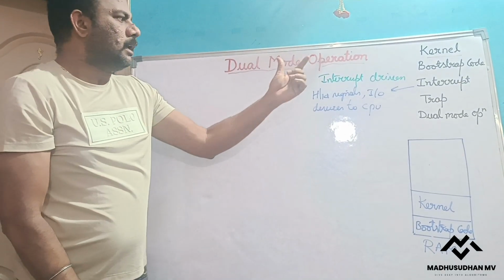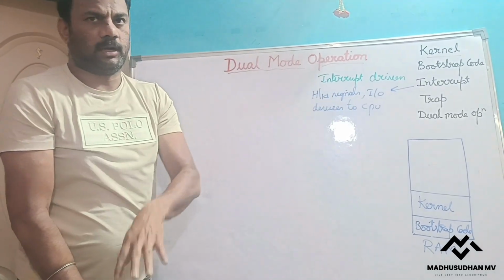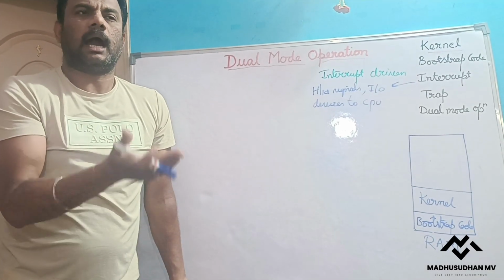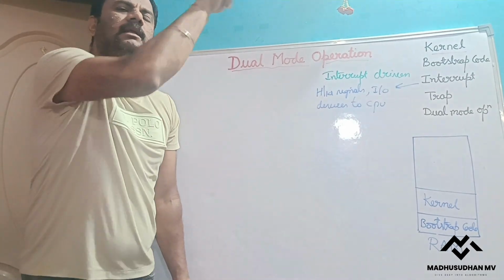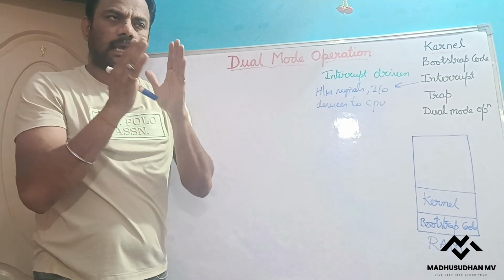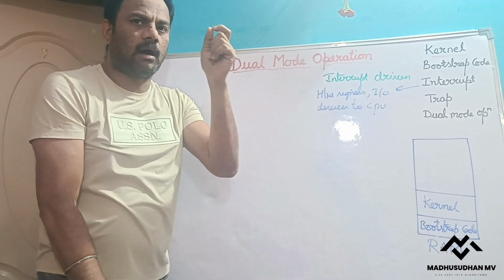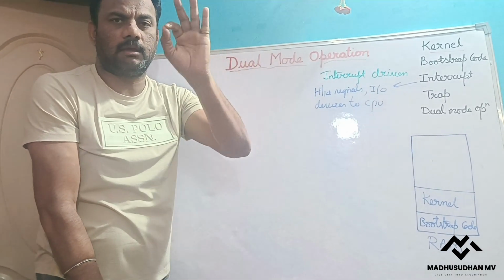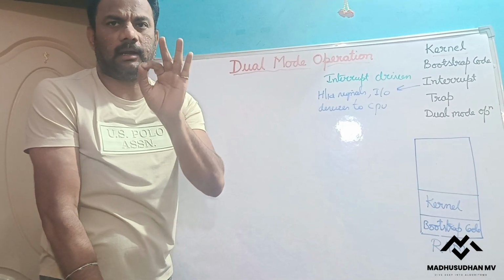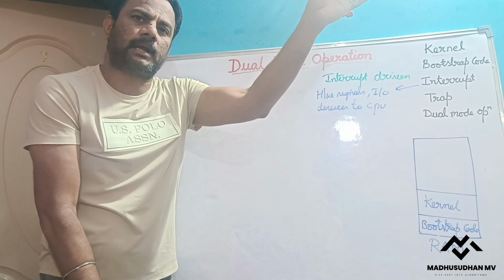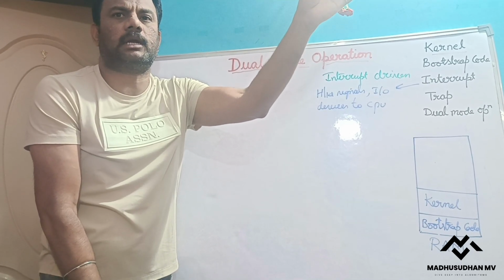Similarly, whenever an output device is ready to display anything, at that time it will send a signal to the processor saying that I am ready to receive data. So whenever the hardware devices, especially IO devices, are ready for data transfer, they inform the processor saying I am ready for some IO data transfer.